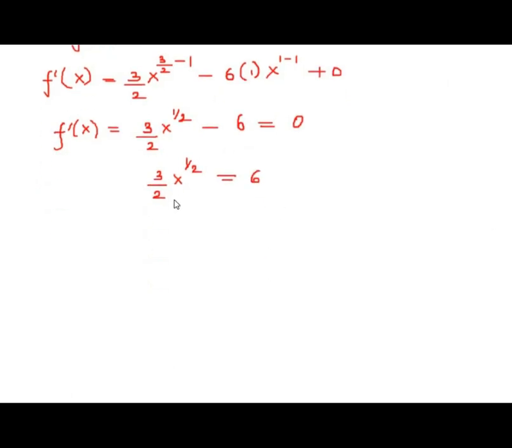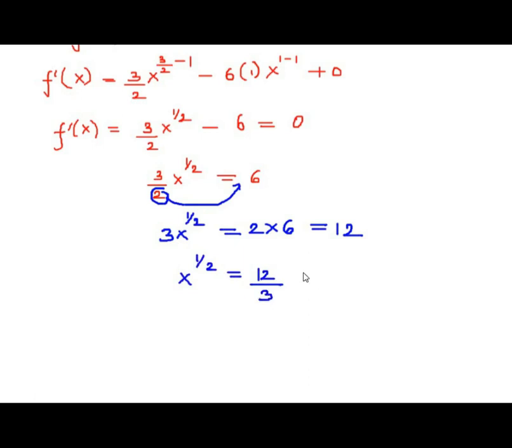Now we are going to take the 2 on the other side, so it becomes 3 x to the power of half equals, this becomes 2 times 6 or 6 times 2, it's one and the same, is equal to 12. So we have 3x raised to 1 over 2 equal to 12. So we get now x to the power of half is equal to 12 divided by 3, which is equal to 4.